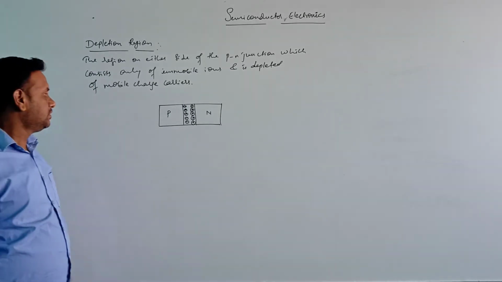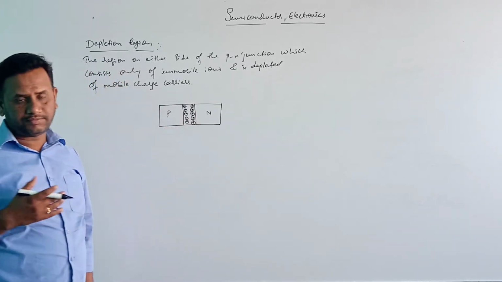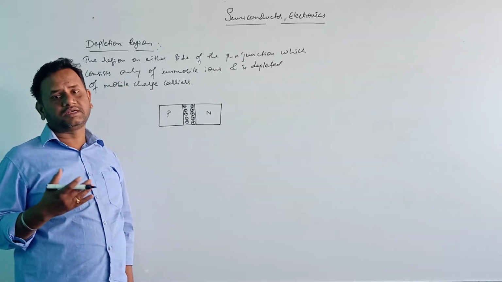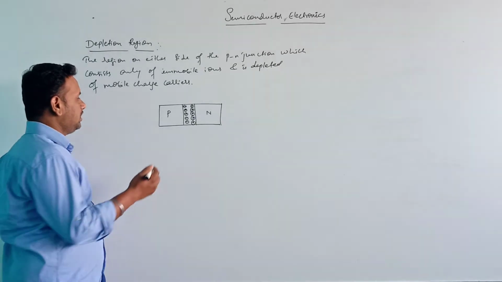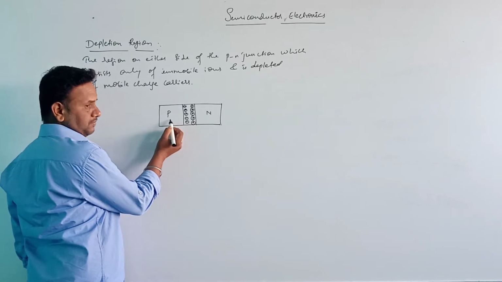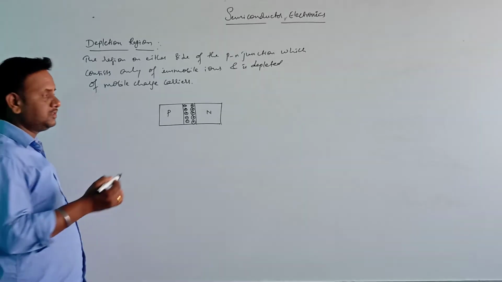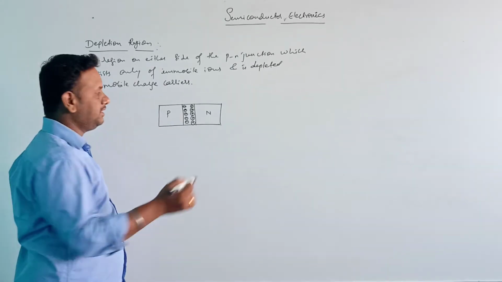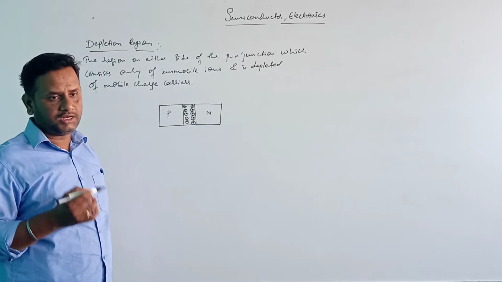When we apply an electric field to the PN junction, consider the majority charge carriers. Which are the majority charge carriers in the P region? Holes. And in the N region, the majority charge carriers are electrons.